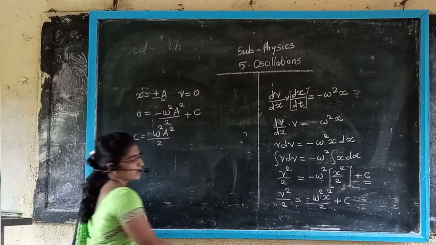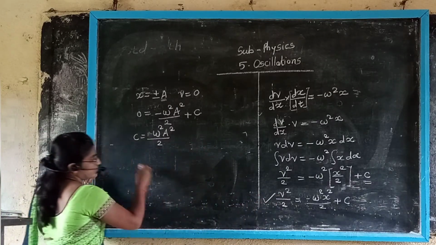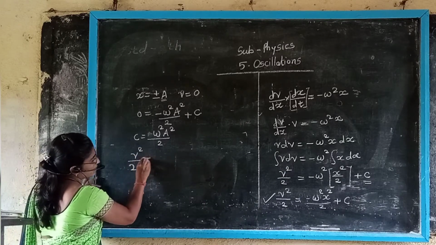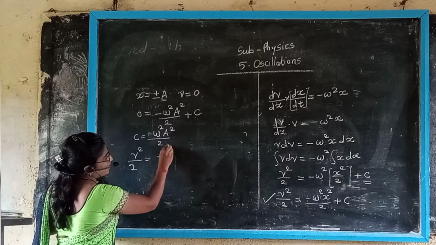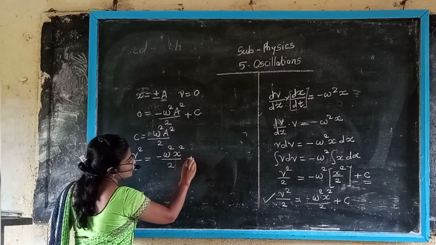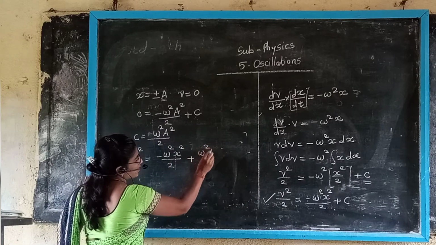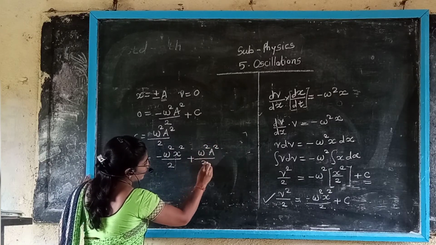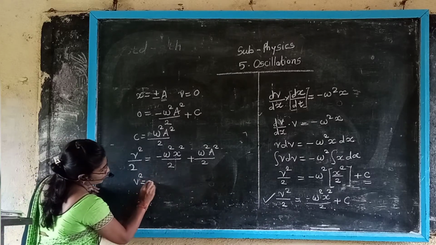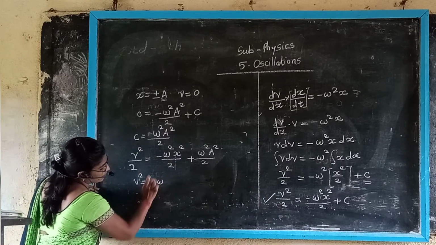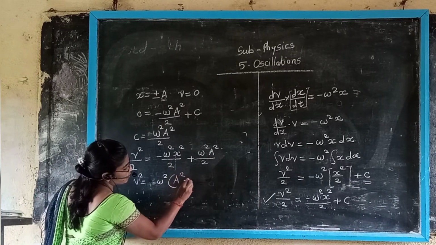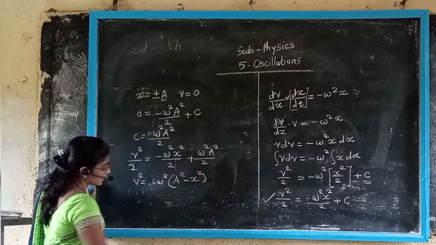Using this value in this equation, v square by 2 is equal to minus omega square x square by 2 plus omega square a square by 2. Therefore, v square is equal to omega square in bracket a square minus x square.